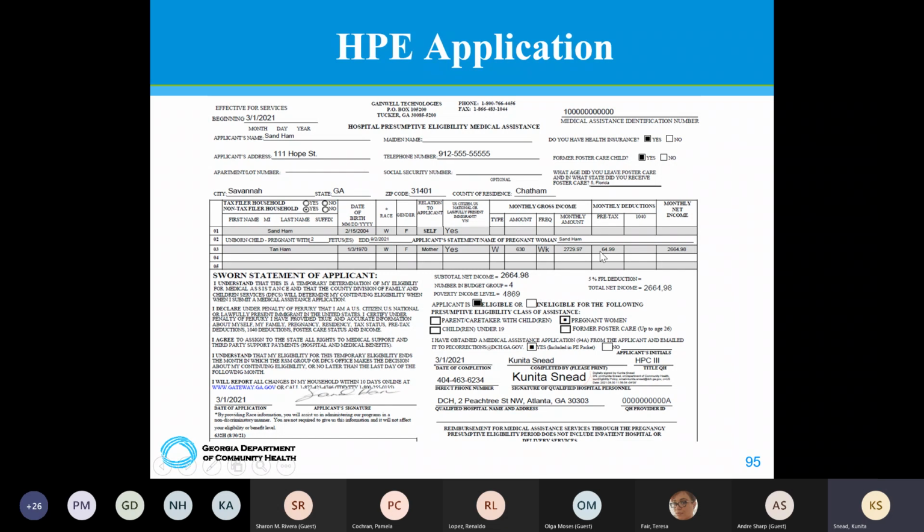Once we subtract the pre-tax from this monthly amount field, then you get $2,664.98. There's nobody else to put on this application. So for the subtotal net is everything that's in this last column. So it's $2,664.98.